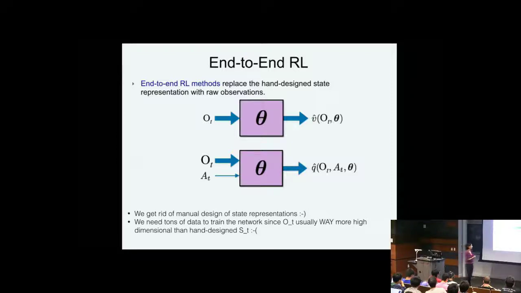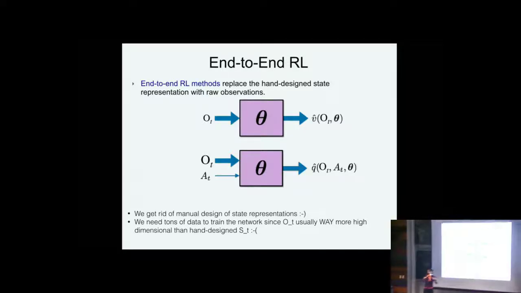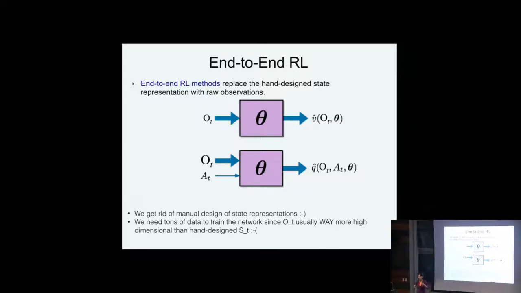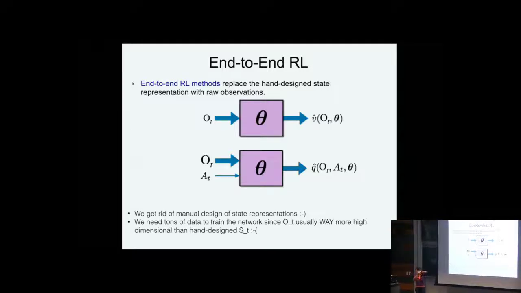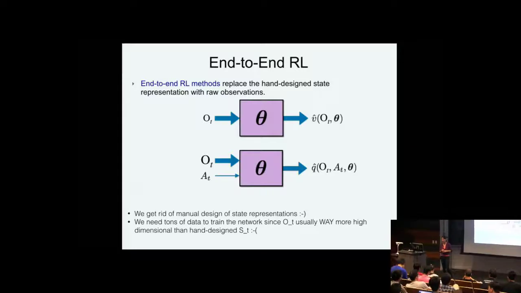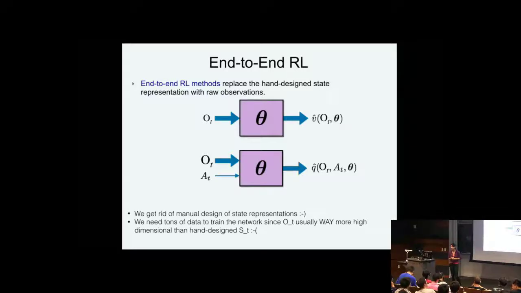All right. So you will see in a few slides, we will learn the mapping from observations to, let's say, action values. So the state is encoded in the different layers of the neural network. Pick a layer and say, okay, here is my latent state.